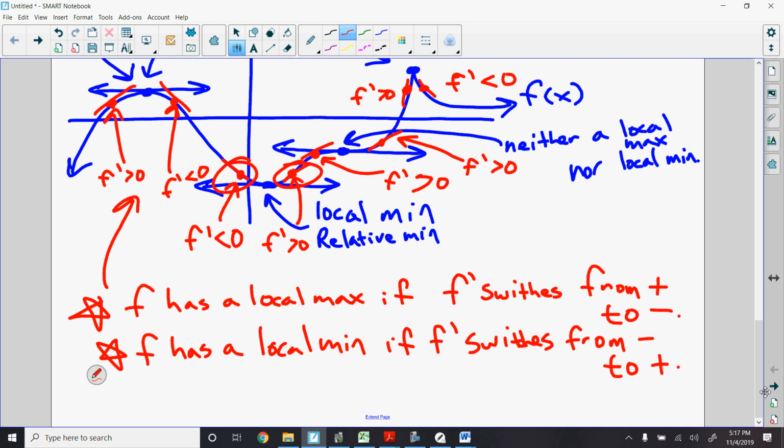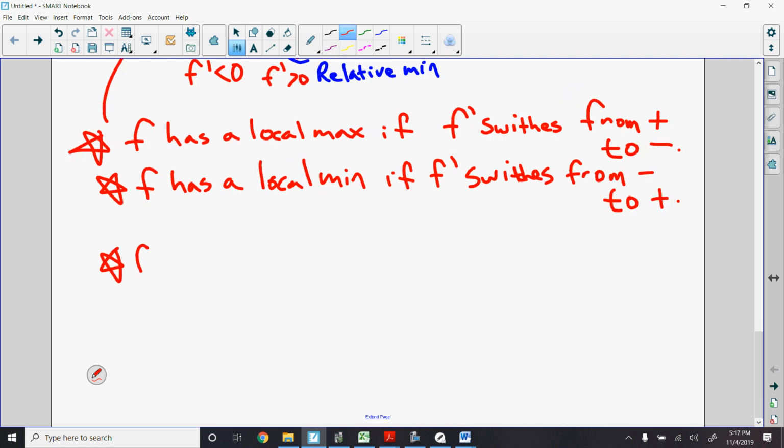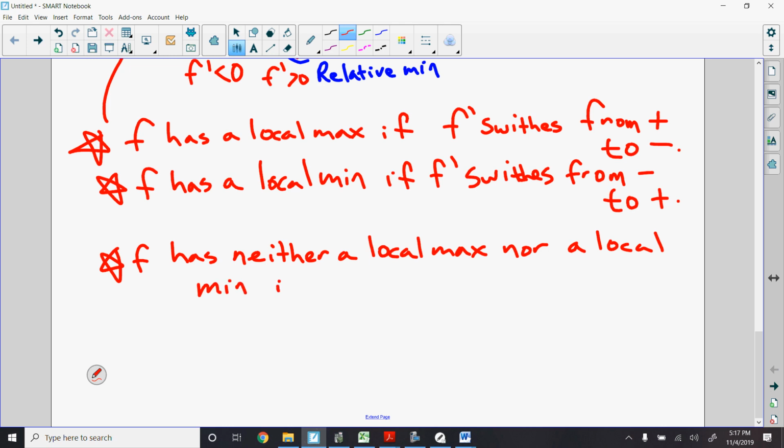And then f has neither a max or a min if f prime doesn't switch signs, meaning we could be plus on both sides or we could be minus on both sides.